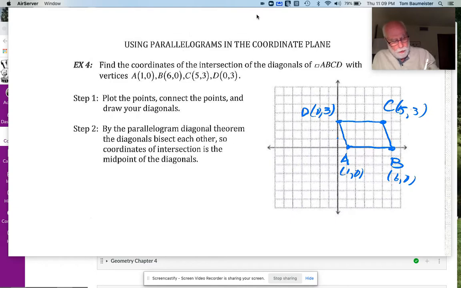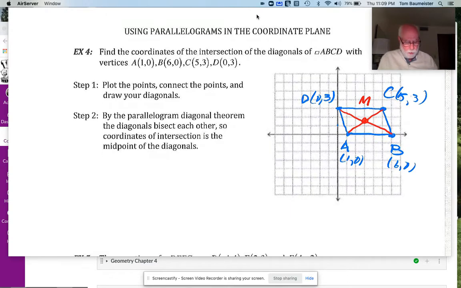So now we just talked about how the diagonals bisect each other. So I'm just going to go ahead and draw them. And remember, sometimes it doesn't look perfect here. But because they bisect, we know that the point right there is the point of intersection. Let's just call it M. So we plotted the points, connected the points, and drew the diagonals.